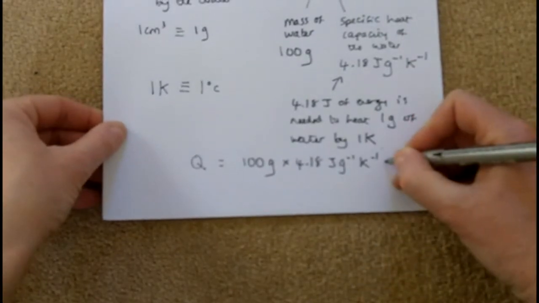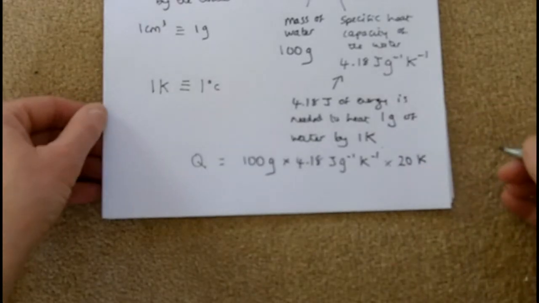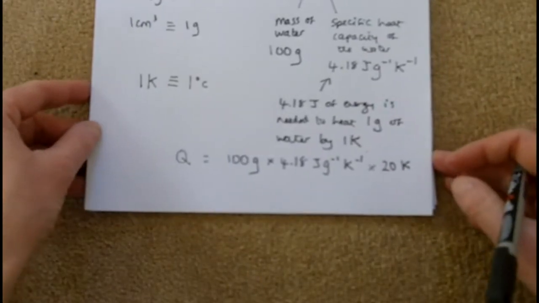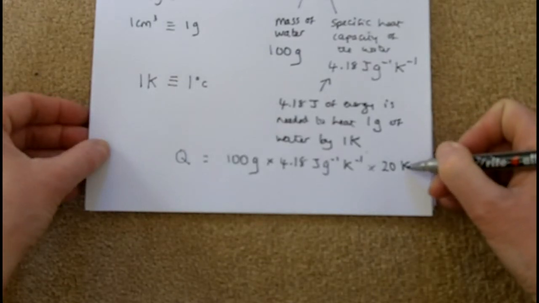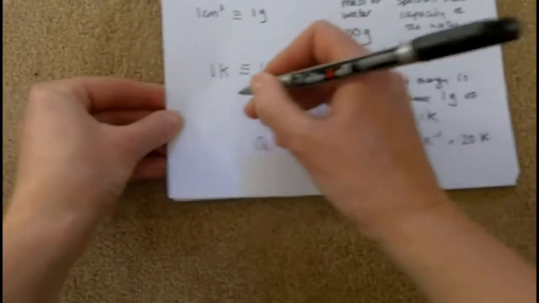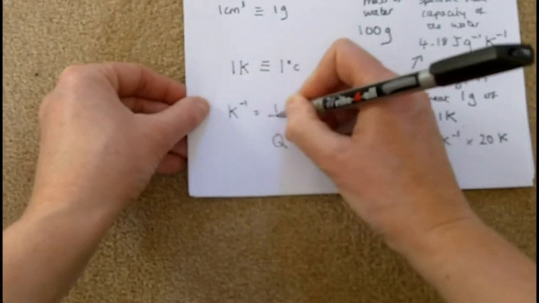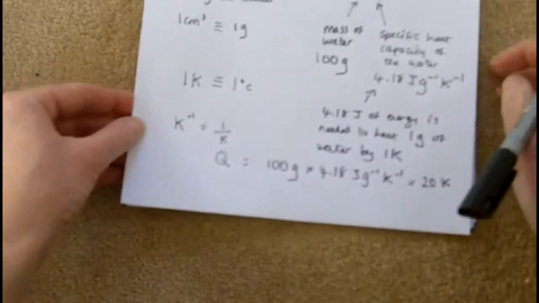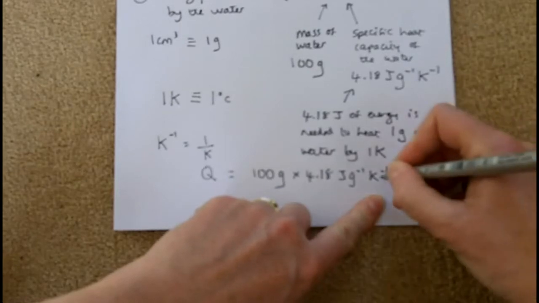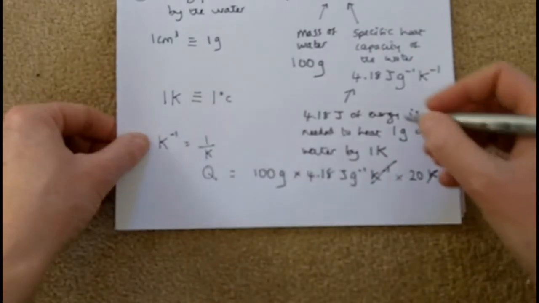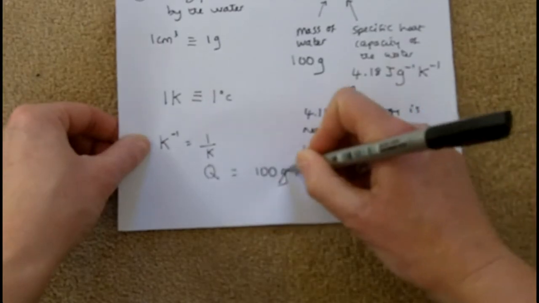With the units, remember that when it's to the -1, it means 1 over. So we've got Kelvin divided by Kelvin, which cancels out, and gram divided by gram, which cancels out.